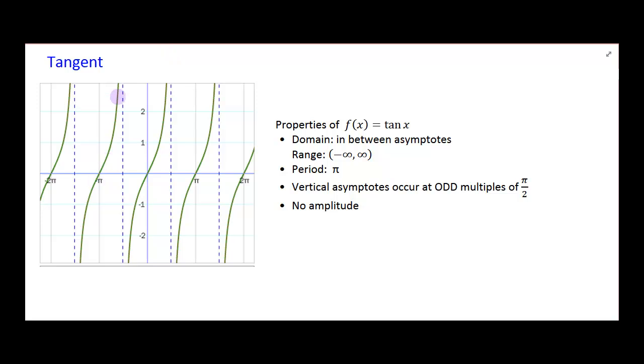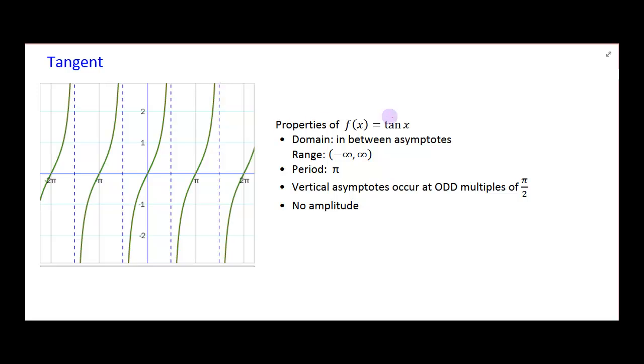And you can see here by these green lines that I have, each of the green lines is the tangent function. You can see that these green lines fall in between the blue dotted lines, which would be the asymptotes. Okay, so it's going to be a periodic function in that it's going to be repeating.